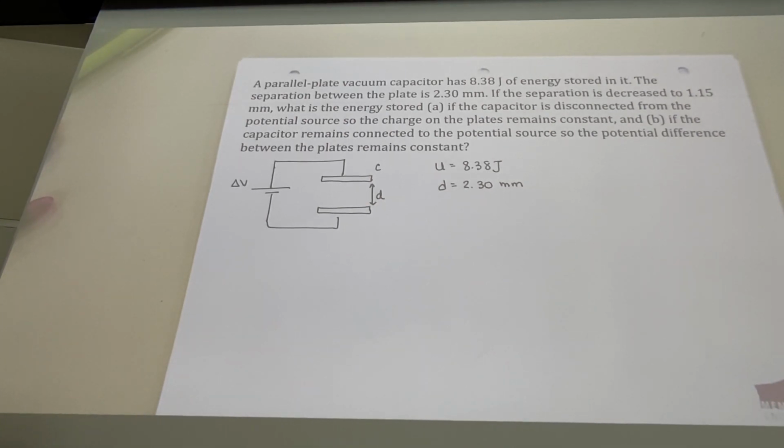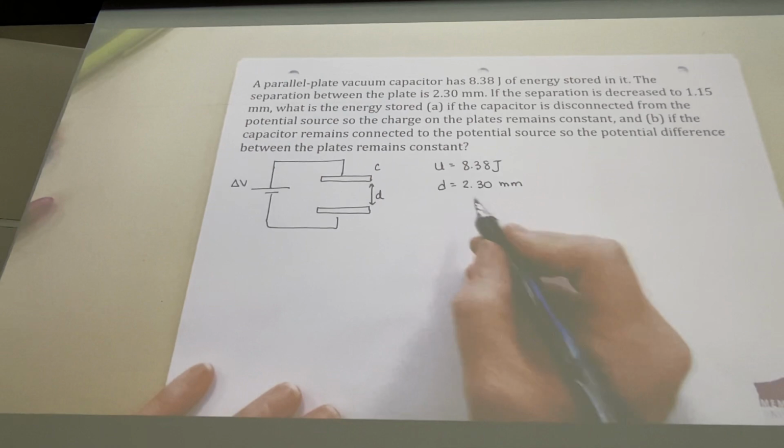The expression we just found related the potential energy to the capacitance. So it feels like the capacitance is important here. Let's go ahead and write down our expression for capacitance as well, because we think that's probably going to be important.